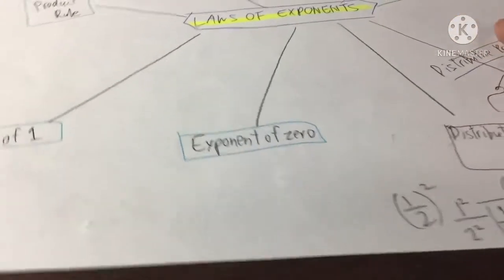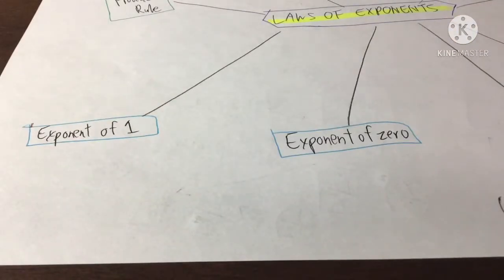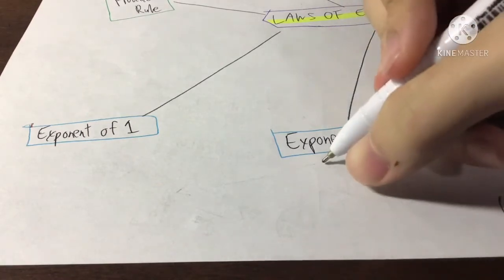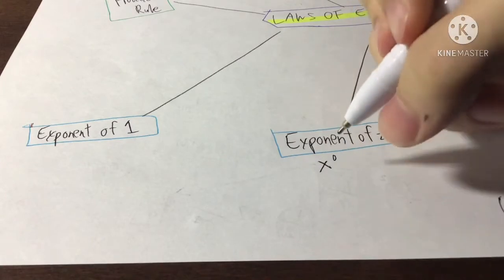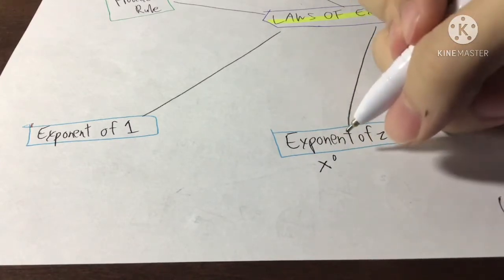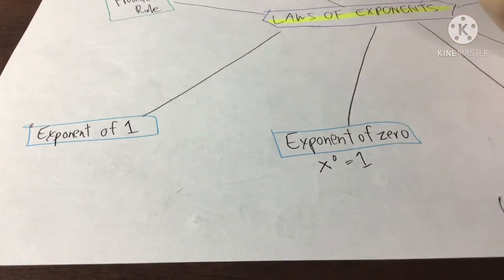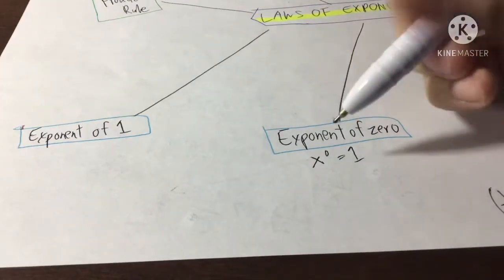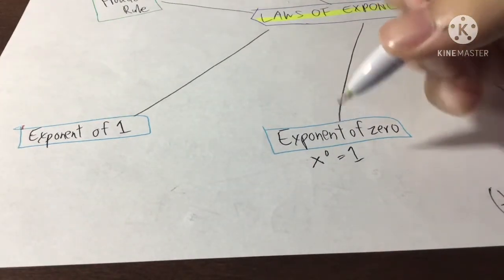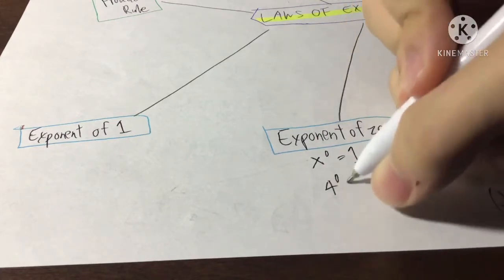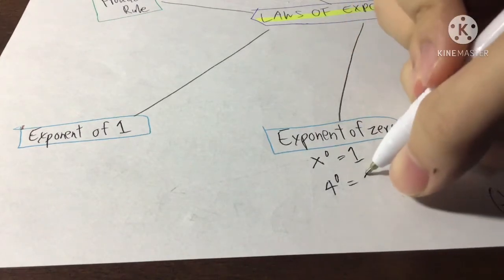Moving on. For our exponent of 0, our formula is any number, let's consider that as x, raised to 0 would always be equal to 1. Any number that is raised to 0 is equal to 1. Example, 4 raised to 0 will be equal to 1.